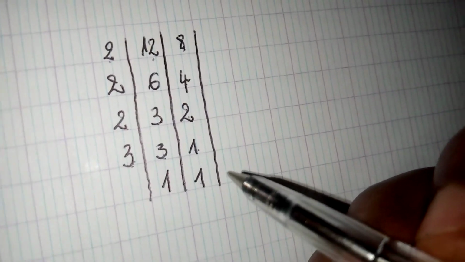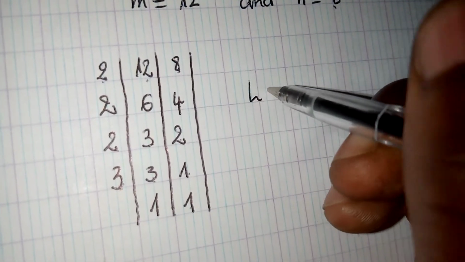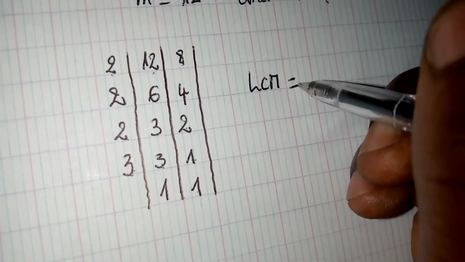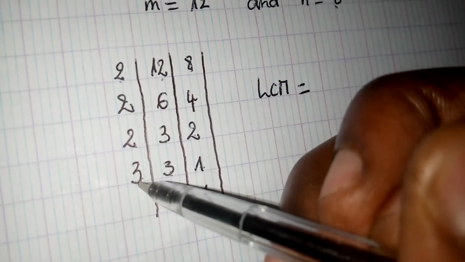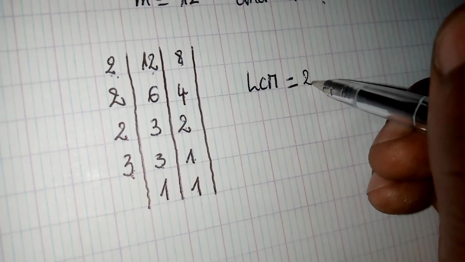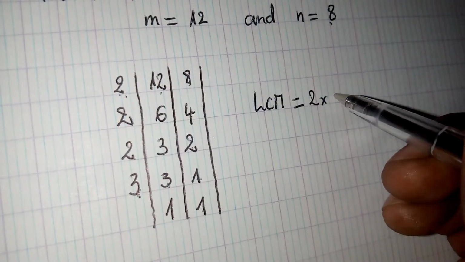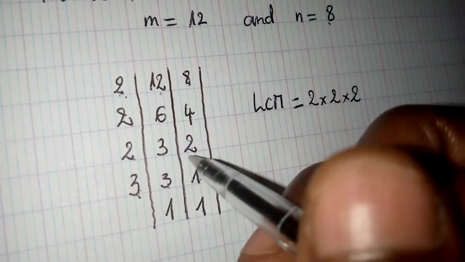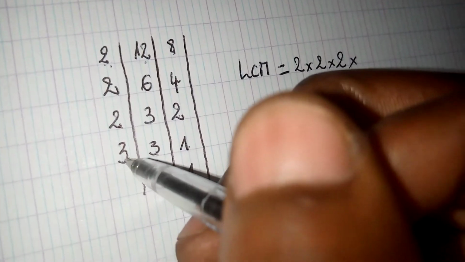So now let's have the LCM, lowest common multiple, which is equal to the product of all the factors we've found here. So we'll take 2 times this 2 times this 1, this 2, then times this 3.